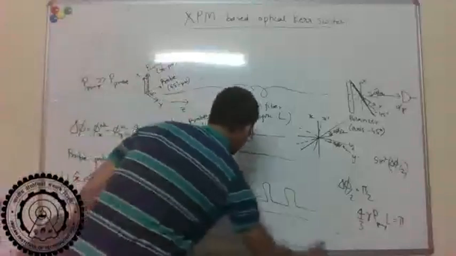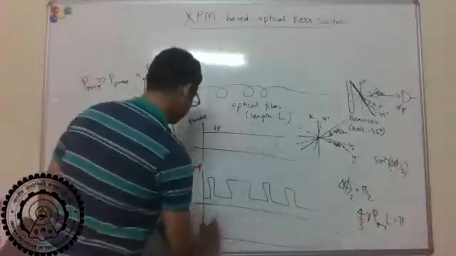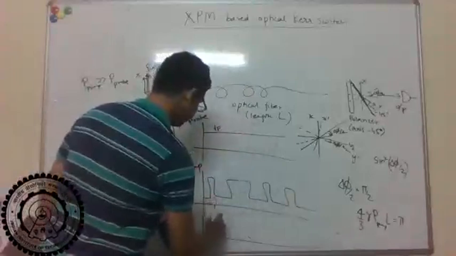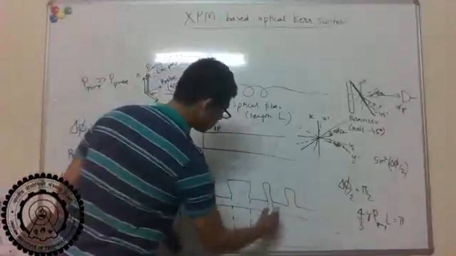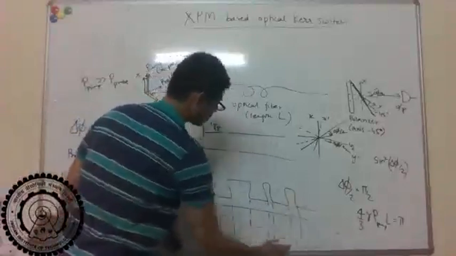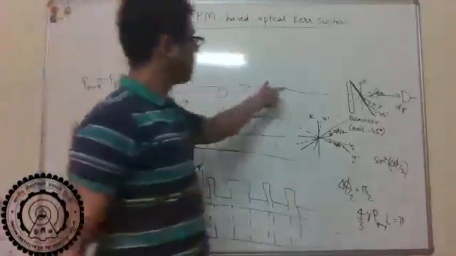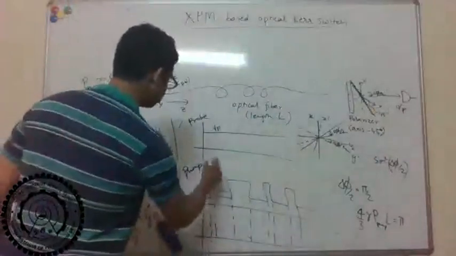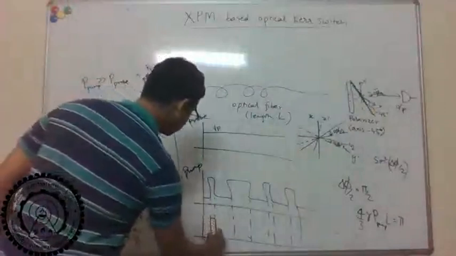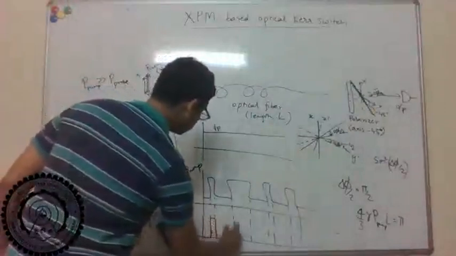Then at the output, the probe that you'll get, so whenever the pump is present, this cross phase shift will happen and then the probe will pass through. So whenever the pump is high, I'll get a probe output at the detector. Otherwise, I won't.